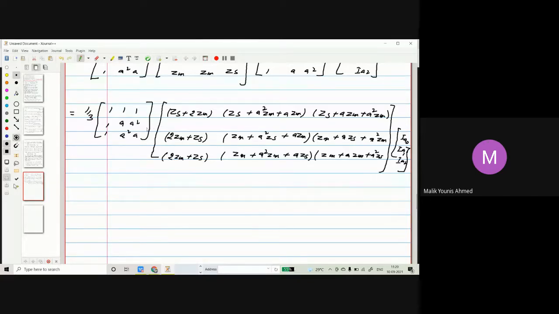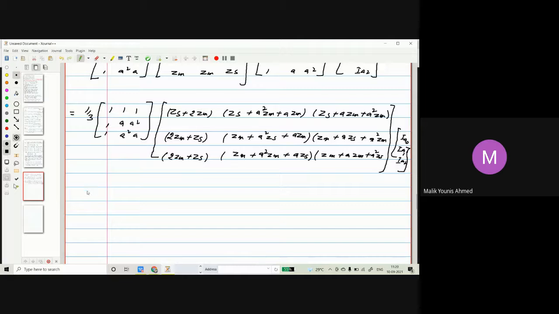Then if you calculate this, the first element of the row will be multiplied by ZS, and that will come 3ZS plus 6ZM. So divided by 3, that will be ZS plus 2ZM.